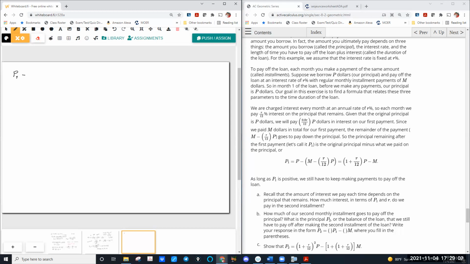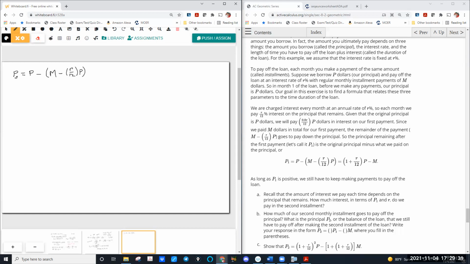So what's going to happen is we're going to have some principal amount, and that is going to be decreased by our monthly payment less the amount that we paid in interest. Okay, this is the amount we paid in interest. The rest of our monthly payment went towards the principal.